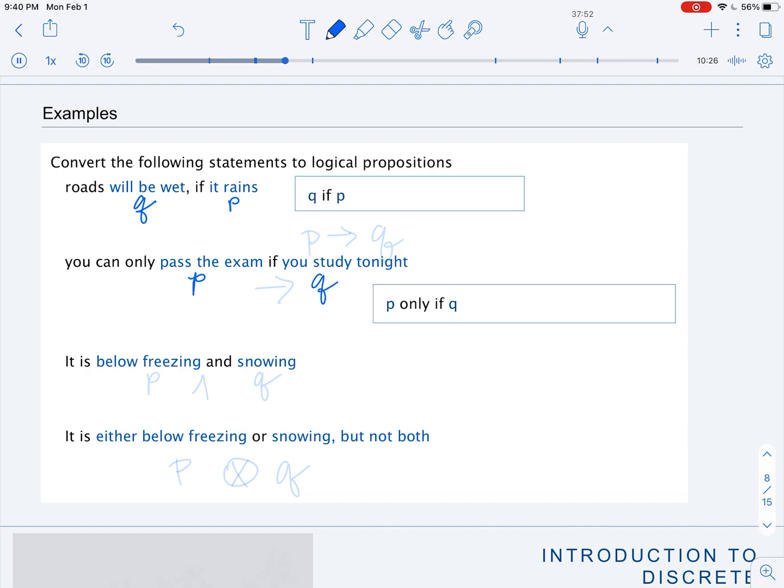Now, a very common problem that we have in the language is determining between or and exclusive or, because when we speak we're not always so precise. But first, let's talk about the conjunction in English. It is below freezing and snowing. In this case, we can say P is below freezing and Q is snowing.